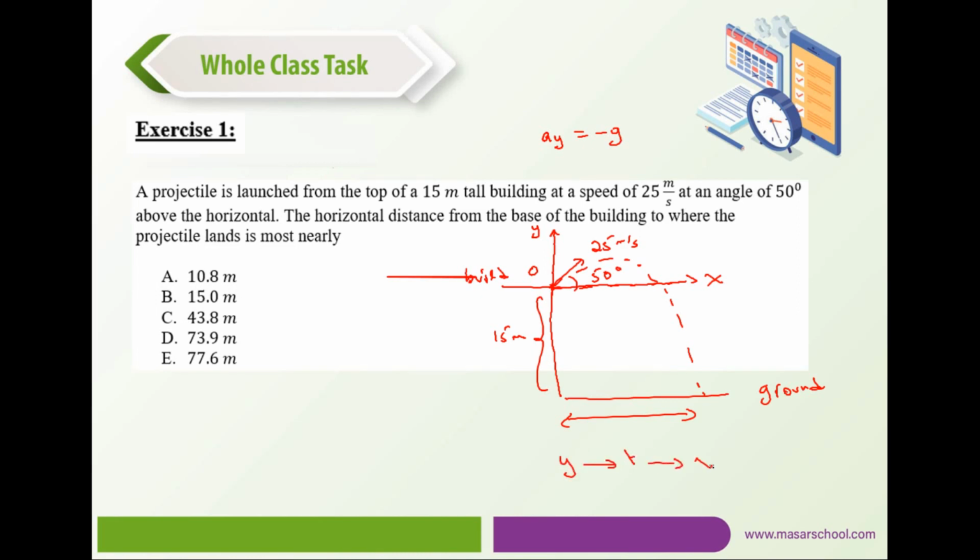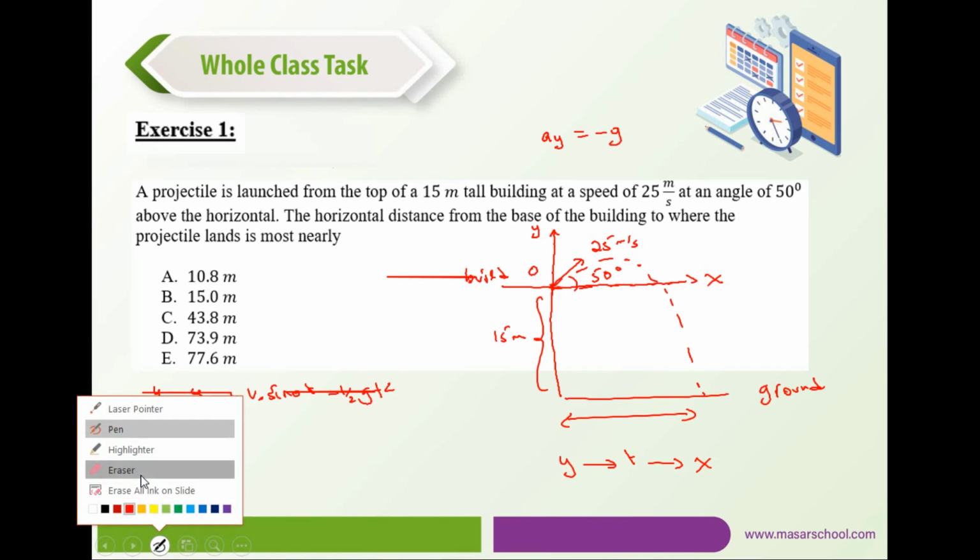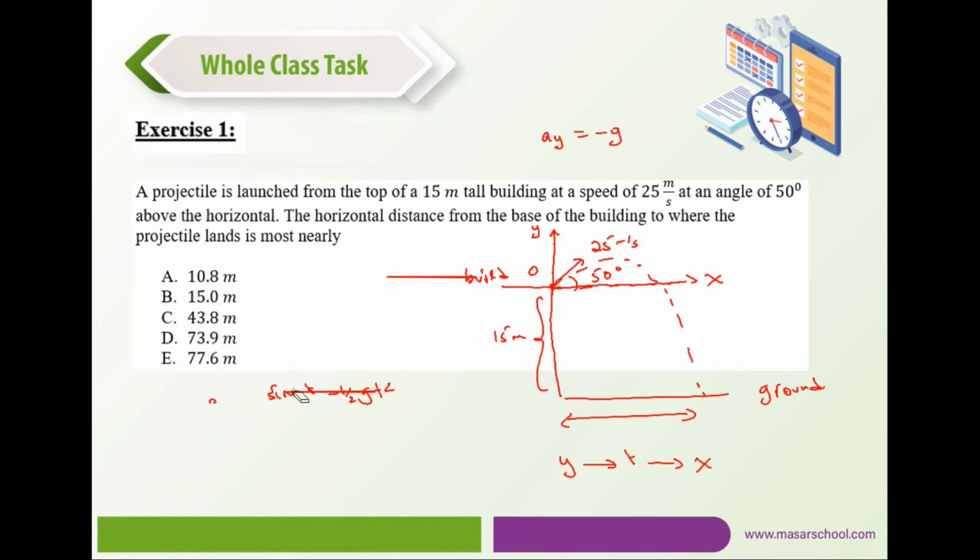So first let me write the equation related to the vertical position. Then y is given by y0 plus v0 sine theta t minus half g t squared.